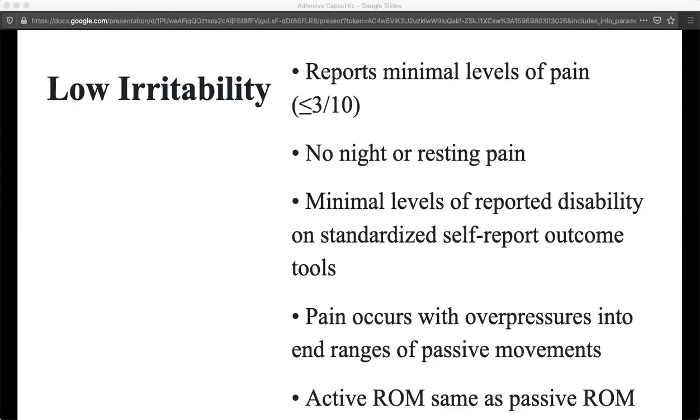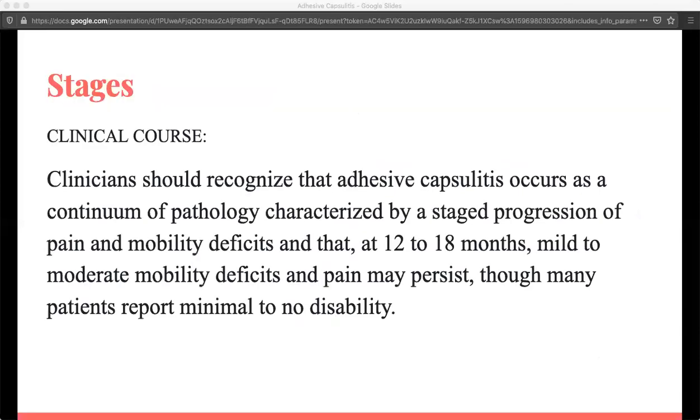All right. So that is the level of irritability. That is for you as a clinician to know how much you can push this patient. The level of irritability coincides pretty well with the staging of frozen shoulder. You know that adhesive capsulitis is a protracted condition.